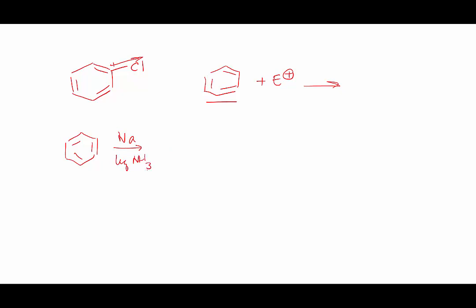We talked about sodium and liquid ammonia at the beginning of the semester in the reaction of a triple bond. The sodium and liquid ammonia basically creates a solvated electron that's going to add into the ring. In the end, we're going to remove the aromaticity and make a non-conjugated double bond. So that's the overall reaction.